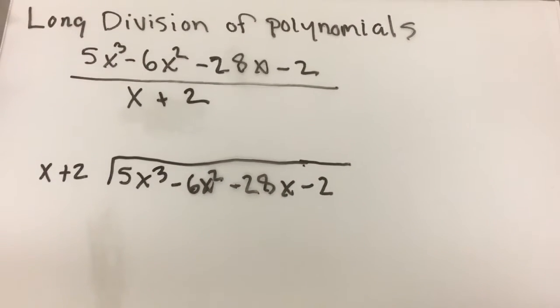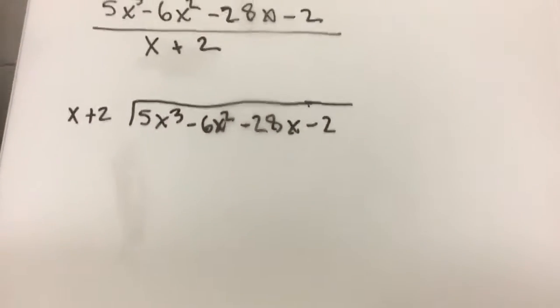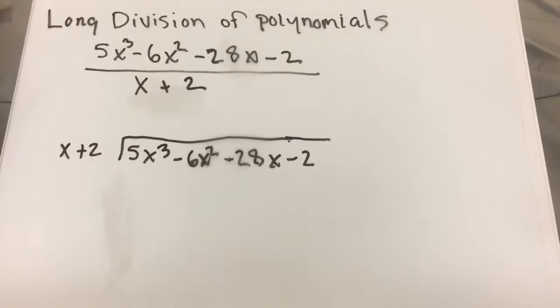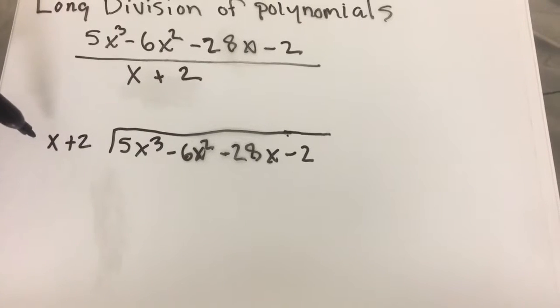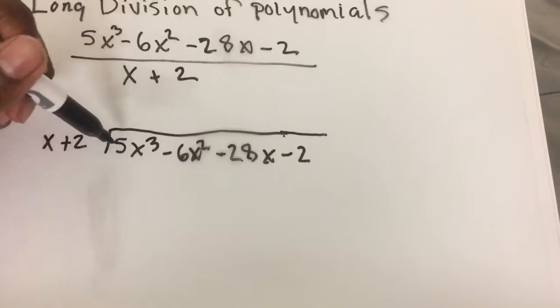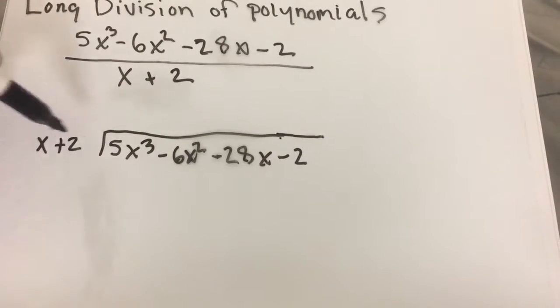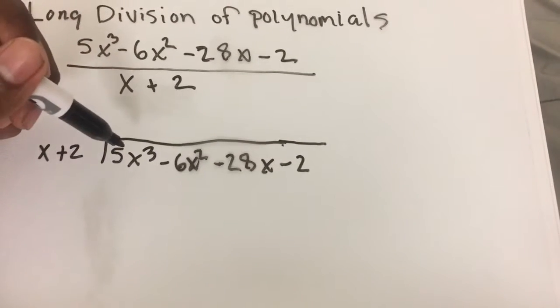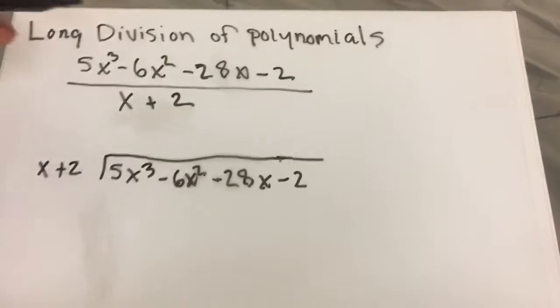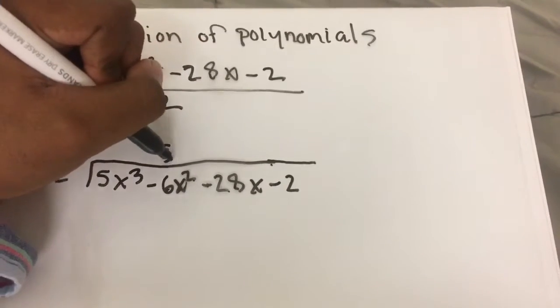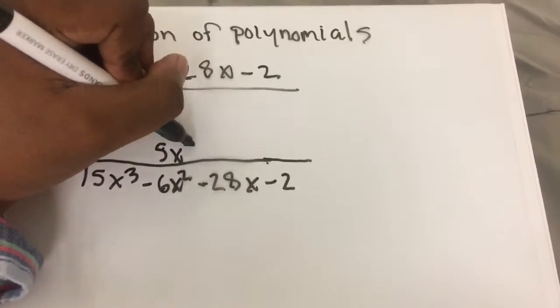So the first thing you want to do when you do this, we're going to start by having you get this x to equal the first coefficient. So what times x is going to give you 5x to the third? That's going to be 5x squared. So you're going to write that right here, 5x squared.